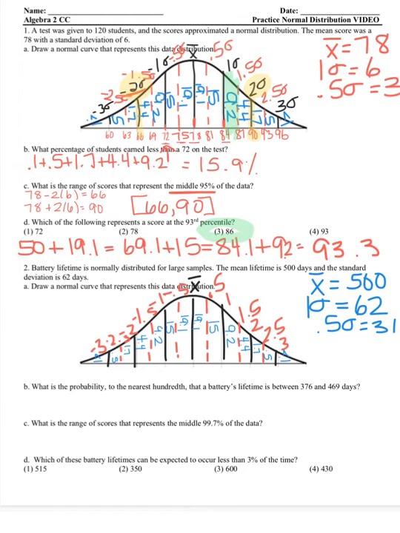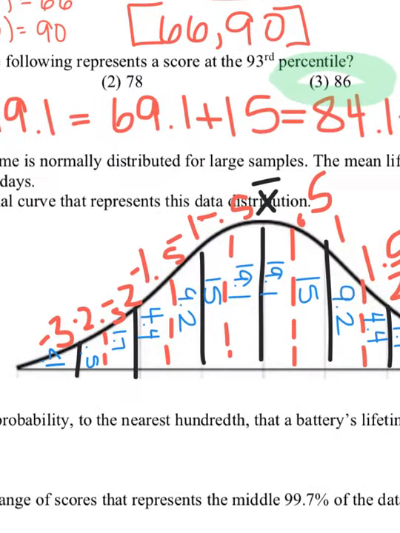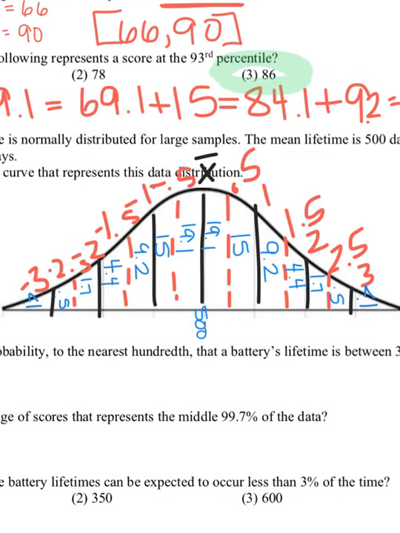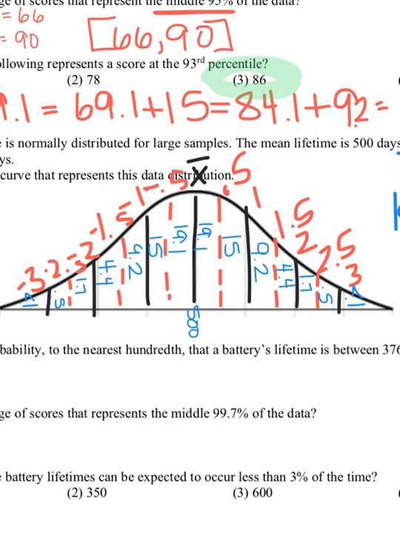Okay? So if I start with the mean, which is 500, I'm going to go to the right first. I'm going to add 31 at each notch. So 500 plus 31 is 531.